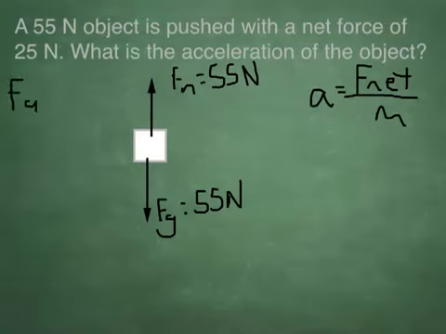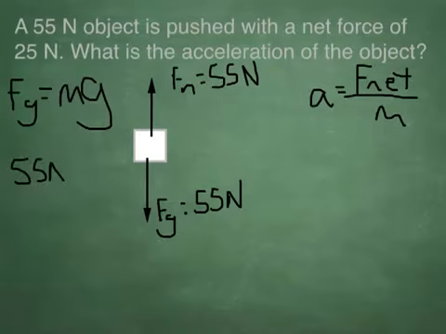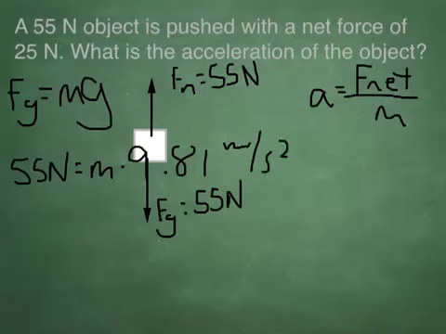Because weight is a force, it is equal to a mass times an acceleration. Weight is a very specific force, however, equal to the acceleration of gravity times the object's mass. So if we substitute in the variables from this problem, 55 newtons equals the object's mass times 9.81 meters per second squared.